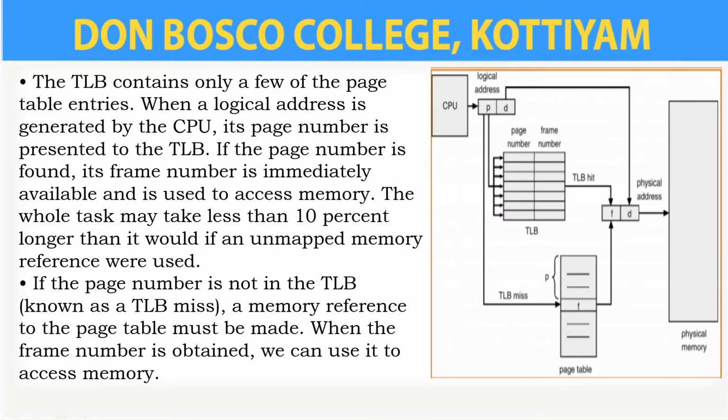Now we can explain the implementation of a page table by using this figure. There is a CPU which generates a logical address, and that logical address is divided into two: the page number and the offset value. We have the physical memory, divided into different frames.